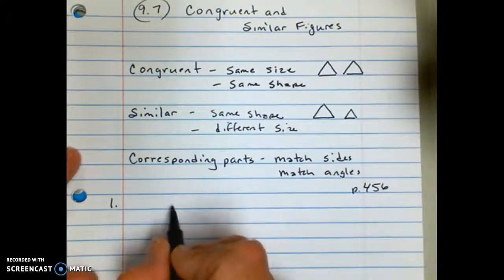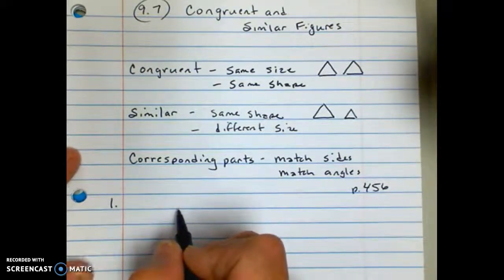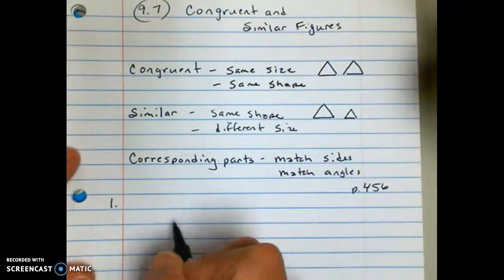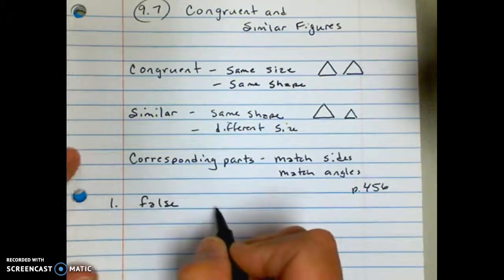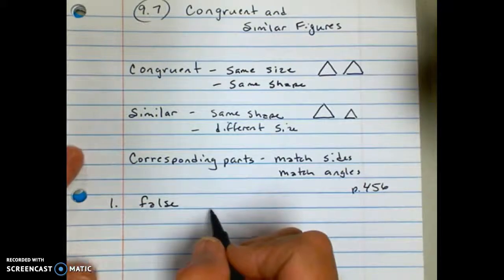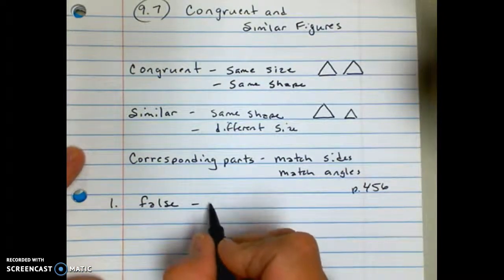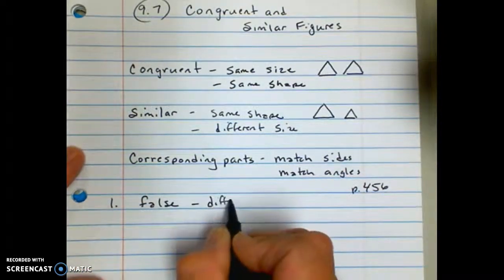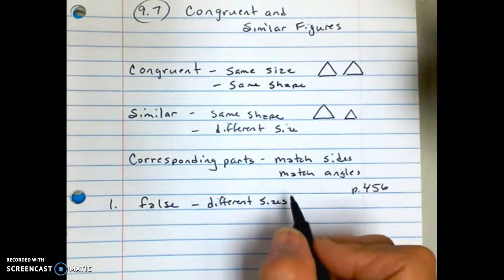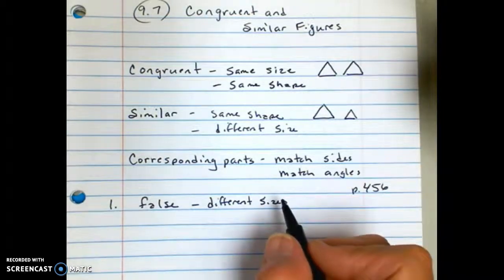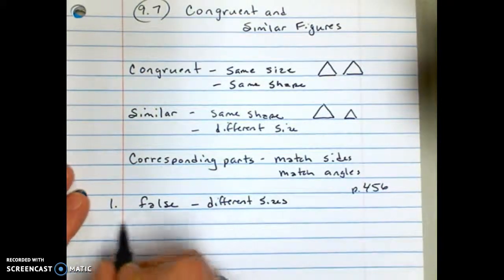One is a little bit larger, one is a little bit smaller. And we are saying they're congruent because they have the same size and same shape, which is false, because they do have the same shape, but they have a different size. They're different sizes. So we're going to say that this statement is false, and the reason why it's false is because they're not the same size.